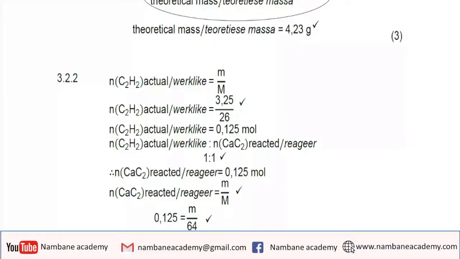And then the substitution into that formula is the answer that they have calculated, 0.125, being equal to m over 64. So this mark is allocated for the left-hand side and the denominator of 64. So that multiplication with the m at the top as an unknown, and they get the mass of 8 grams.